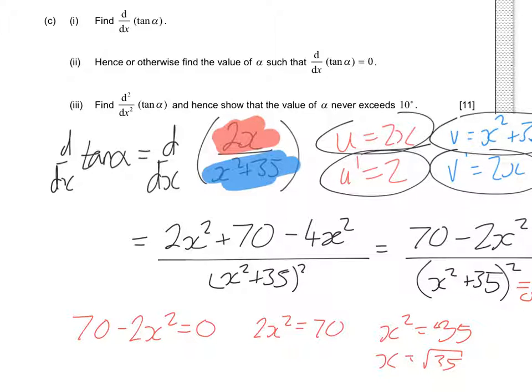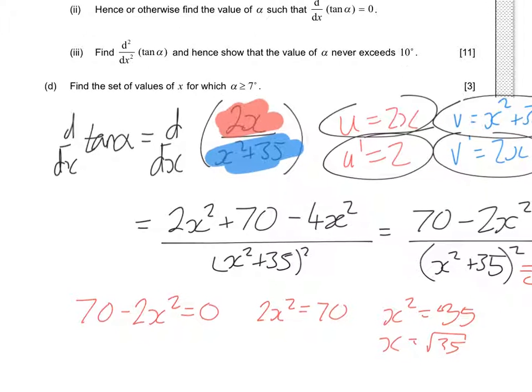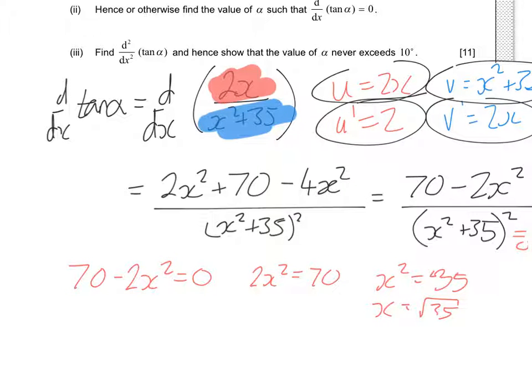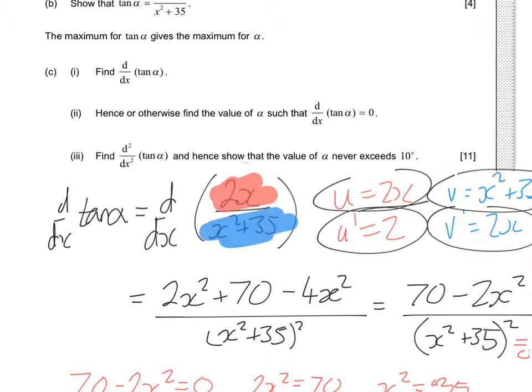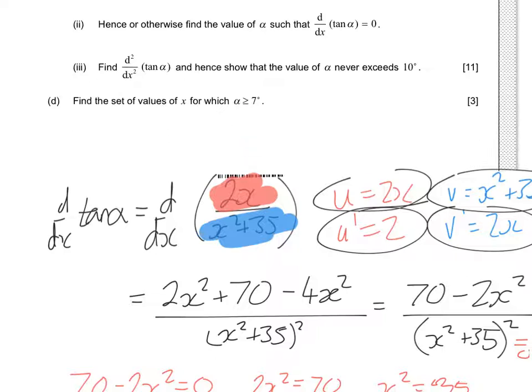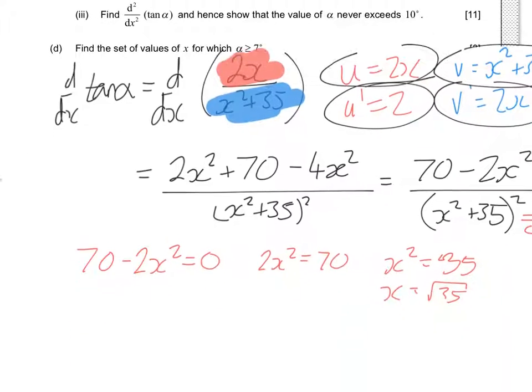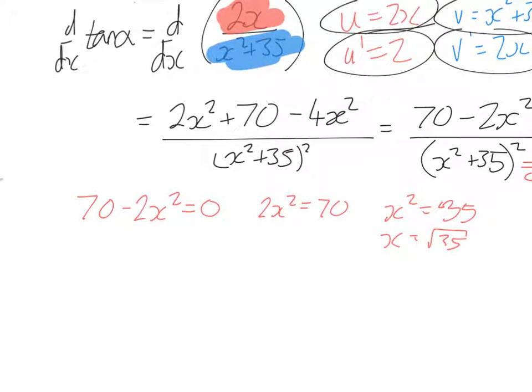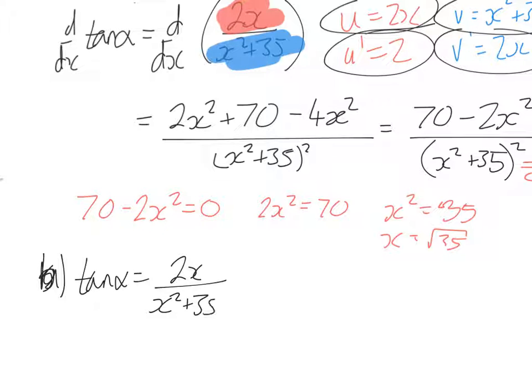We're being asked for the alpha value. And we know we started off, if we can scroll back actually, with tan alpha equals 2x over x squared plus 35. So that was from part B, sorry, it was part B. Tan alpha we showed was 2x over x squared plus 35.